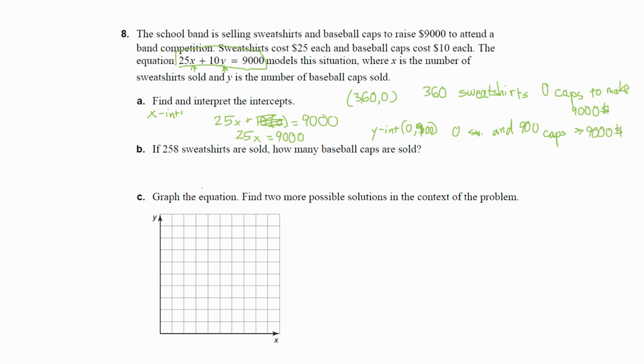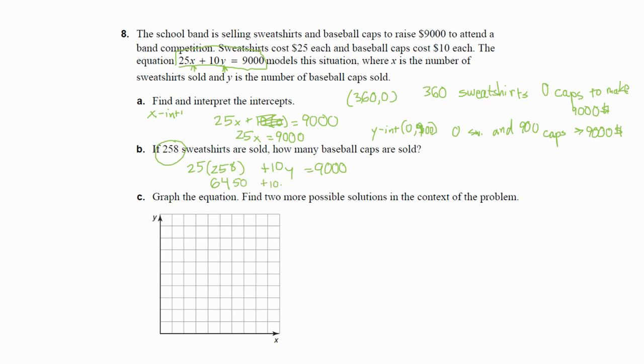Now, if 258 sweatshirts are sold, how many baseball caps will get sold? Go and try that yourself, substituting what you know. Well, we'd put 258 where the x is. 25 times 258 plus 10 times y will give us the total of $9,000. So 25 times 258 is 6,450.